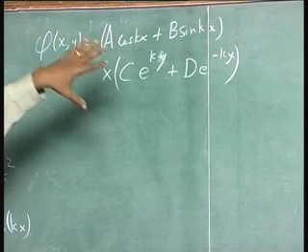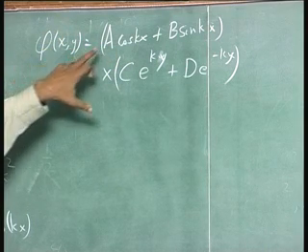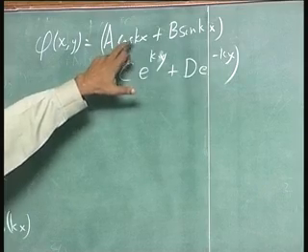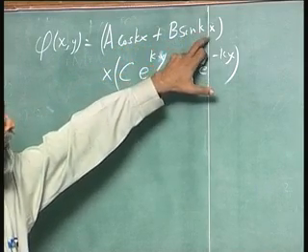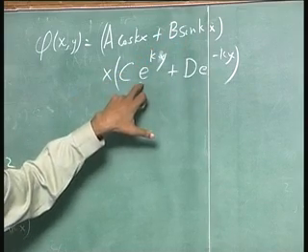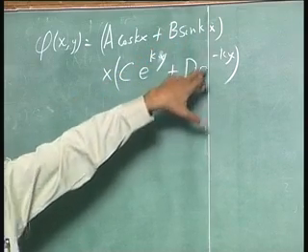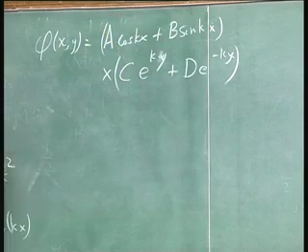Compare this with what we have already done. For the r z case, we had a J0 of kr plus b Y0 of kr times c e to the kz plus d e to the minus kz.